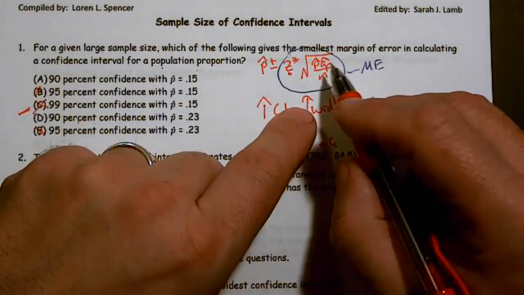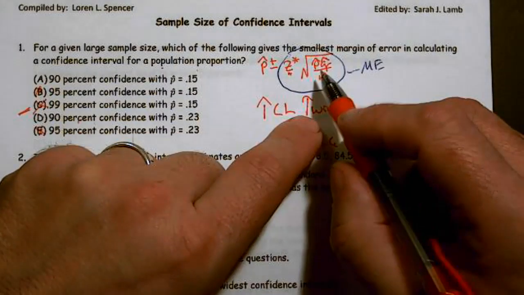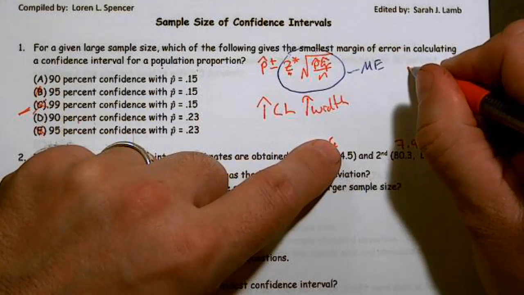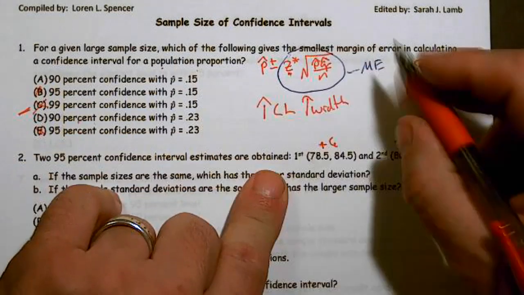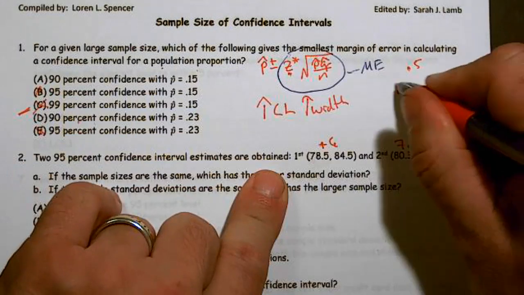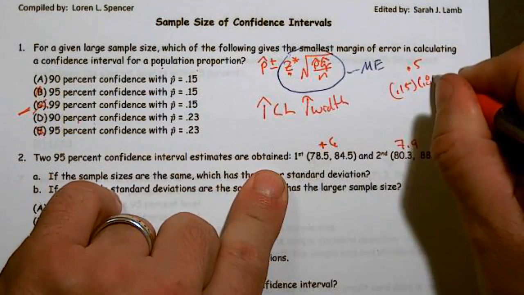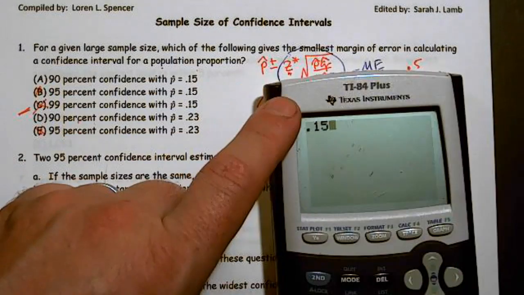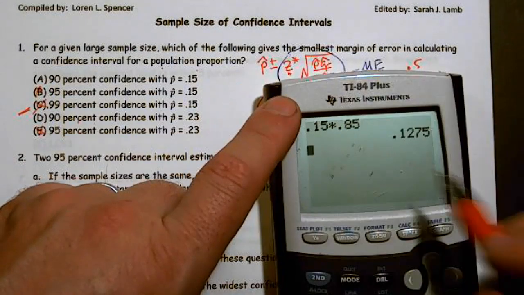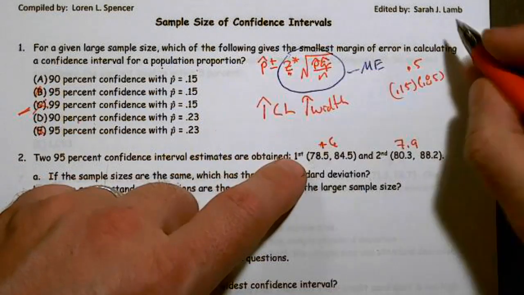Okay. Well, the smallest width is going to be the p hat farthest away from 0.5. And here's what happens. P hat would be 0.15, and q hat would be 0.85. And when I multiply them, 0.15 times 0.85 is 0.1275.